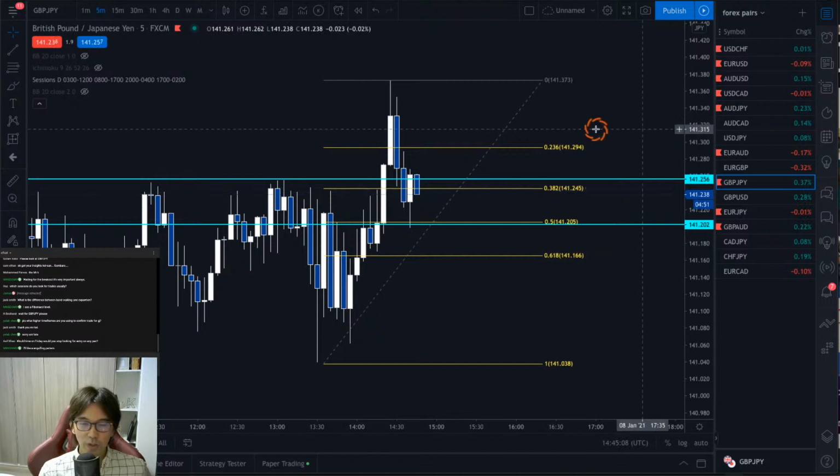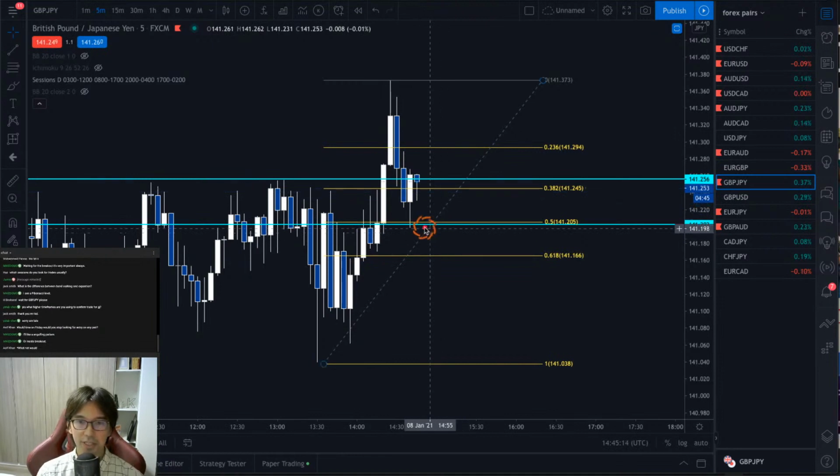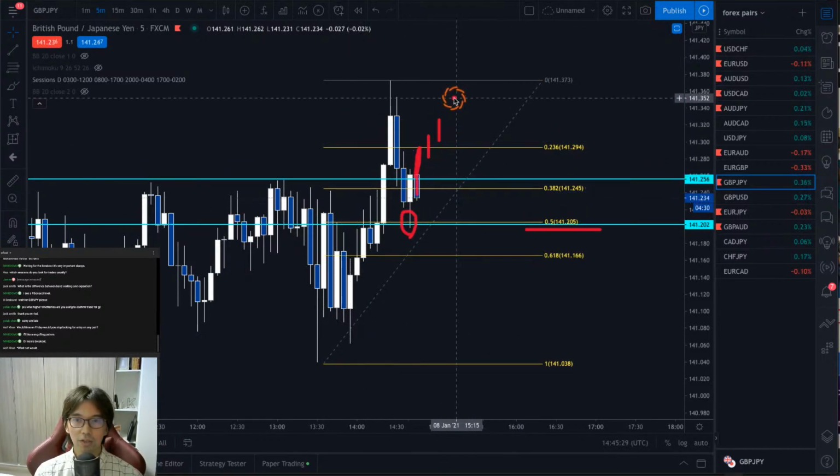So yeah, let's just wait for this candle close and end the live session. It might respect the 50% level because we saw there was a wick downwards at this 50% level. So if the market goes up, bullish candle, that means the market respected this level. So we can expect the market goes up continuously this way.